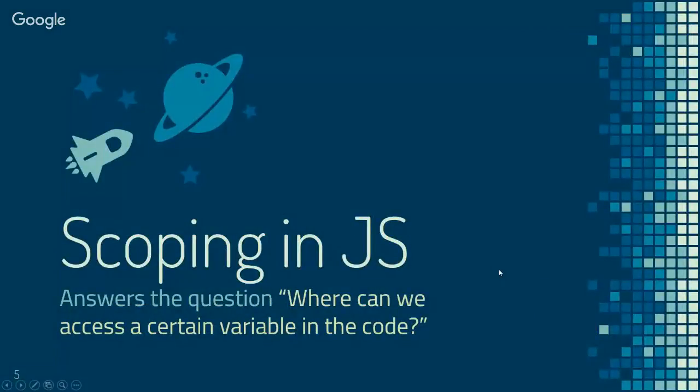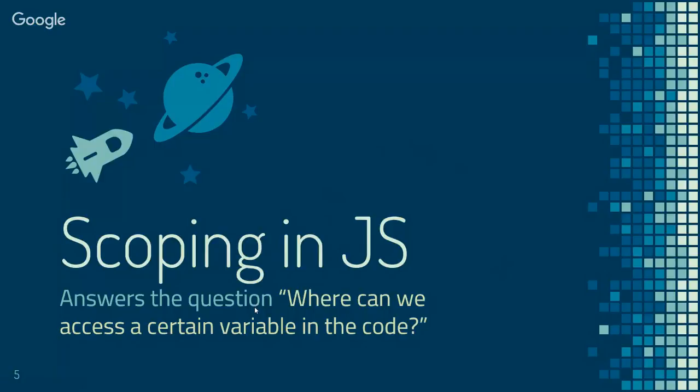The previous definition might be a little bit too hard to grasp, so that's why I decided to condense that definition to a much smaller and clearer one. This is actually what I came up with. Scoping in JavaScript answers the question, where can we access a certain variable in the code?